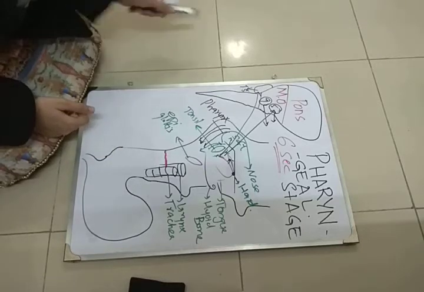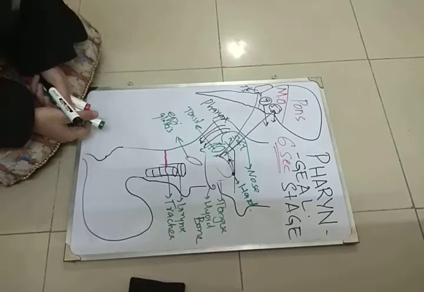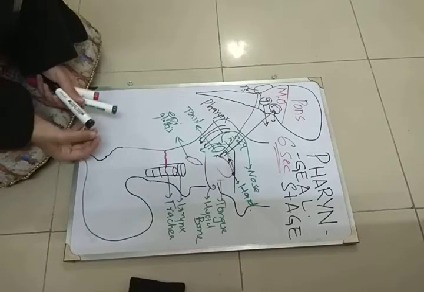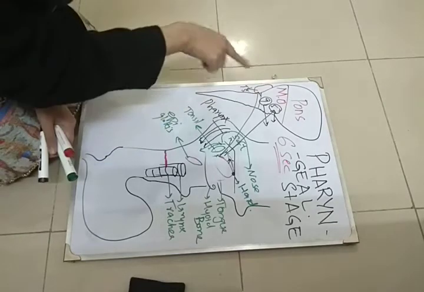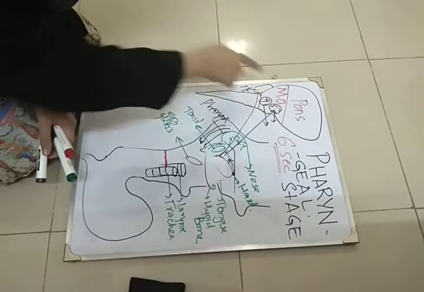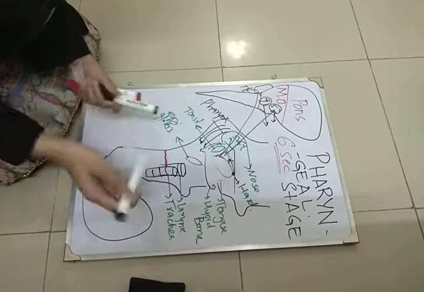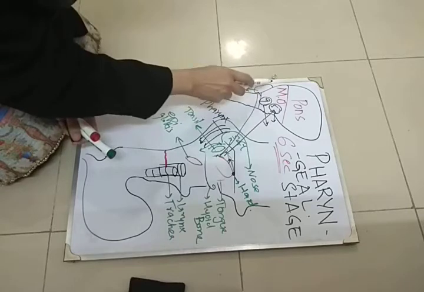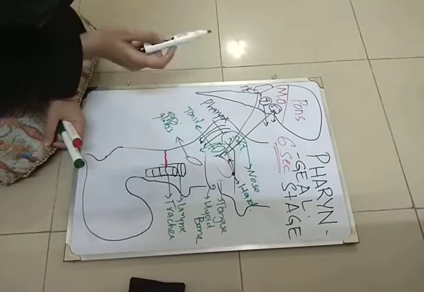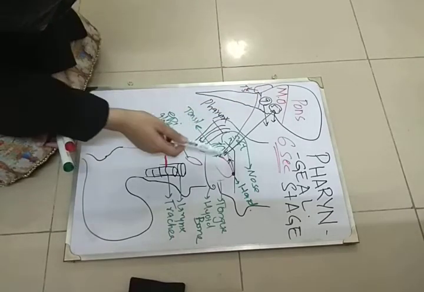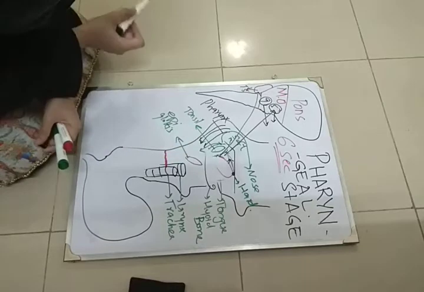Now, the tractus solitarius is a structure in the brainstem which is present behind the medulla oblongata, that is, posterior to the medulla oblongata. It receives many impulses from the mouth.